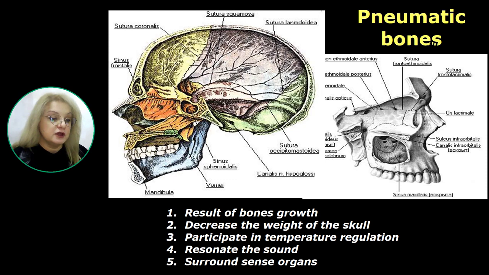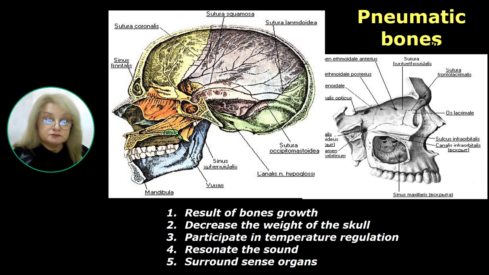First of all, the empty bones inside ease the weight of the skull, thus making our skull lighter. If the bones were completely dense, our skull could weigh up to 3 kilos. But right now it's about 1 kilo and something.